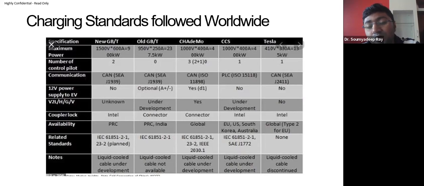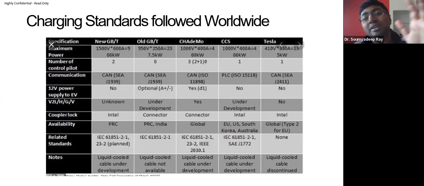In CHAdeMO also, CHAdeMO is the Japanese protocol, and I have worked with Japanese people, and they call tea chai. Basically, whenever you are drinking a sip of tea, the electric vehicle charges itself.